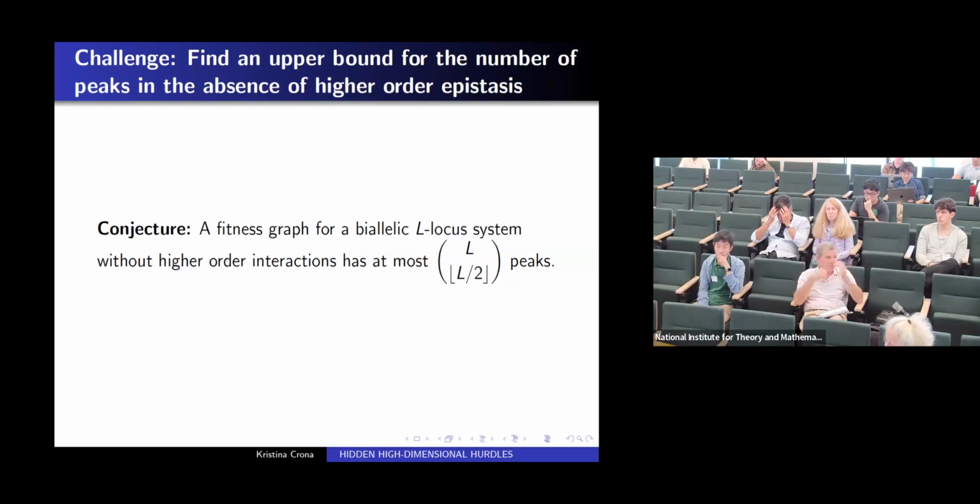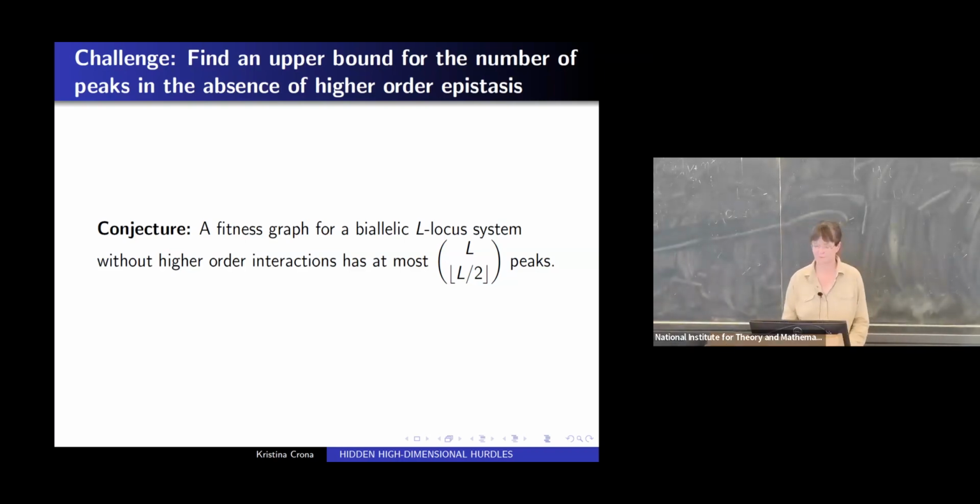Can I ask? You showed this beautiful table with the enumeration of all the fitness graphs that enforce a certain type of stasis, right? But that was for L equal to 3, or actually L equals 4, but we did it for L equals 3. But for that case, you have the answer to this, right?